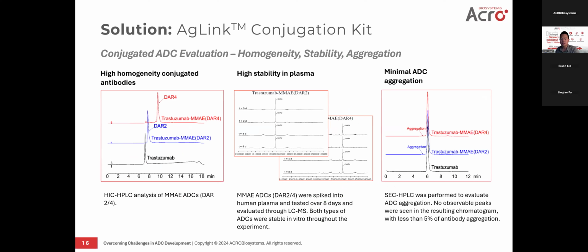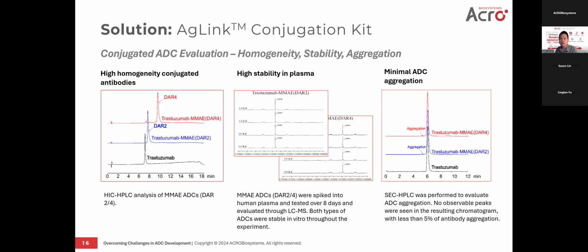So next, I'd really like to show you some data. We would like to evaluate the performance of the ADC as a proof of concept, using our AG-Link conjugation kits. We use trastuzumab as a testing antibody that we conjugate with MMAE DAR2 or DAR4.